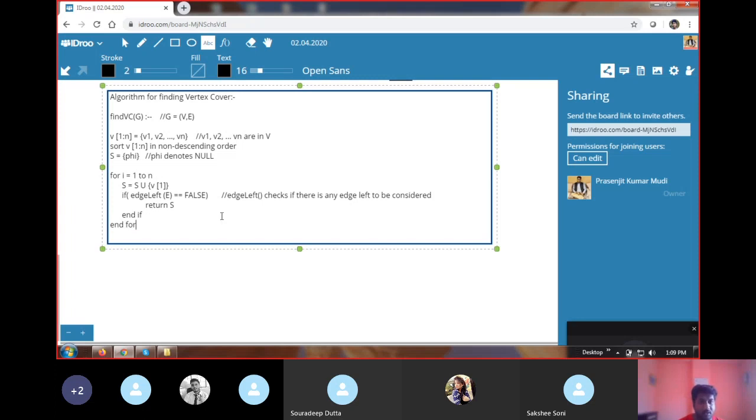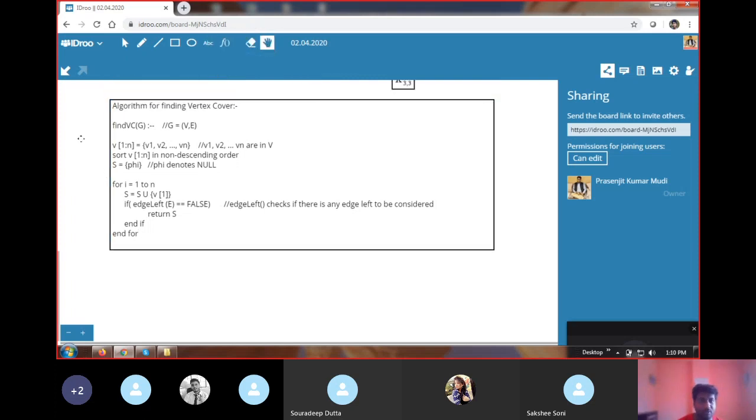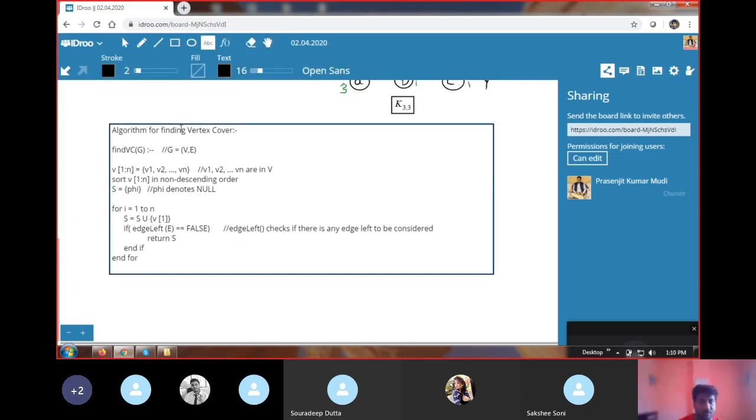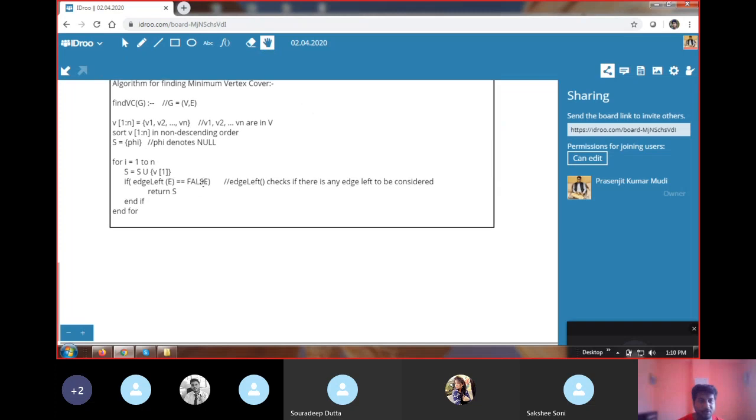So this is the possible logic which we use here to find the minimum vertex cover. It is a minimization problem, and it follows order of n time complexity.